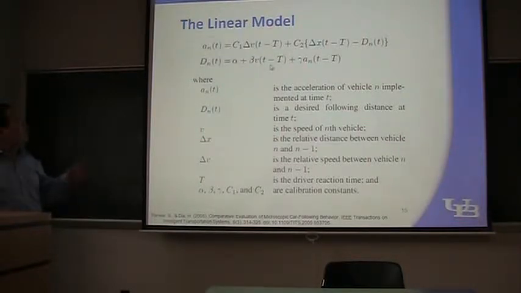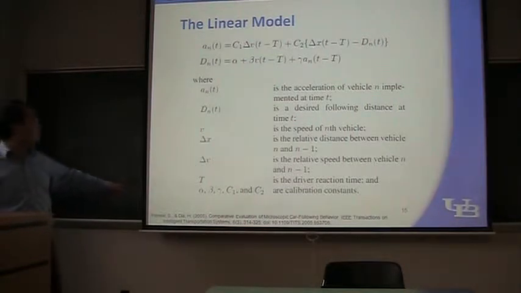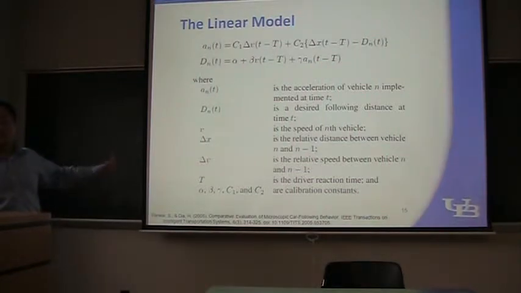So they don't have a constant following distance. Similarly, this model was calibrated using real data, so they got these constants. This is the third type.